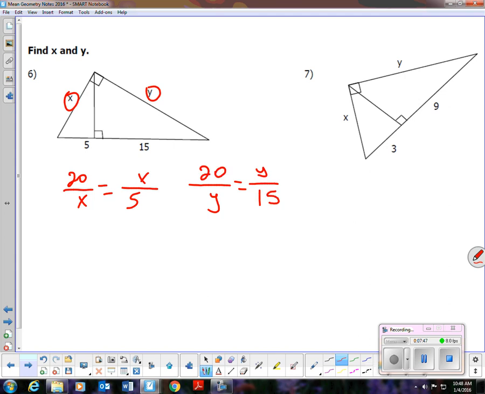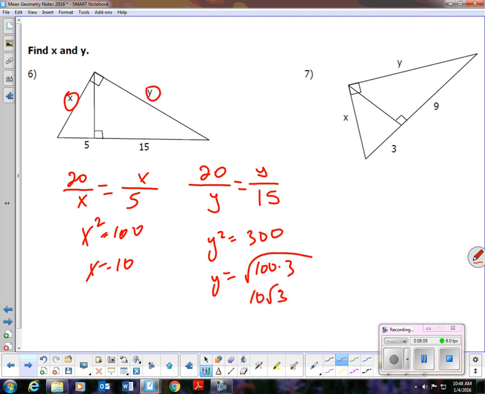And so for this one we get x squared equals 100. X is equal to 10. All right, here we get y squared equals 300. And so y is equal to the square root of 100 times 3, which is 10 square root of 3. All right, so pause the video and you do the other one.